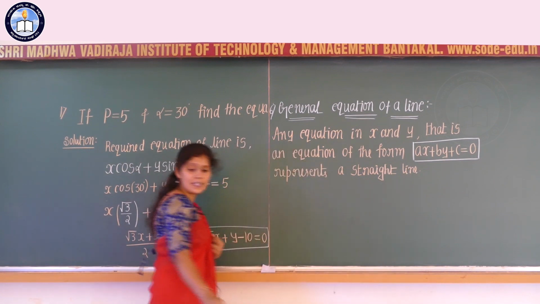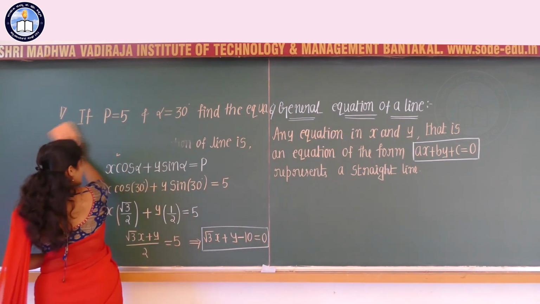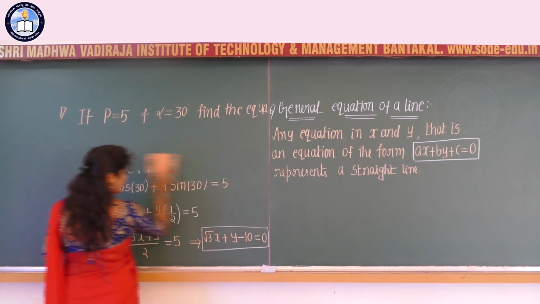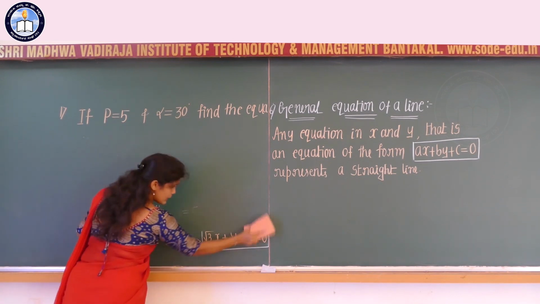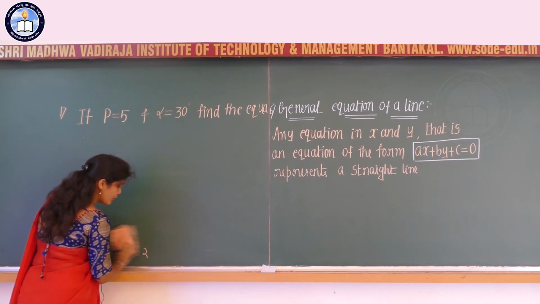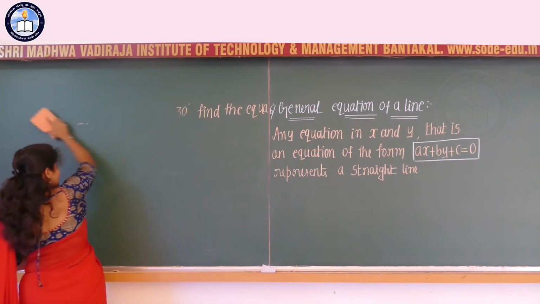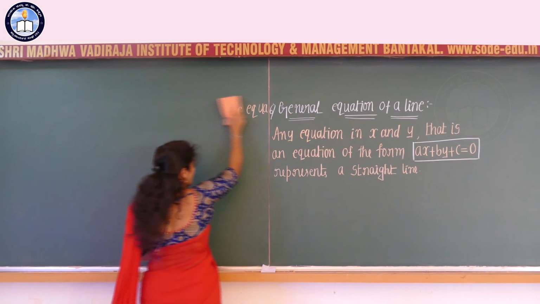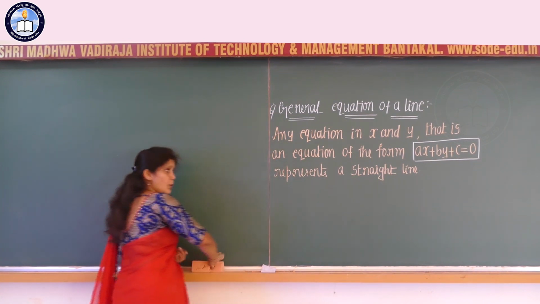So the general equation of a line means a into x plus b into y plus c equal to 0, or I can consider it as the general form of a straight line, correct?